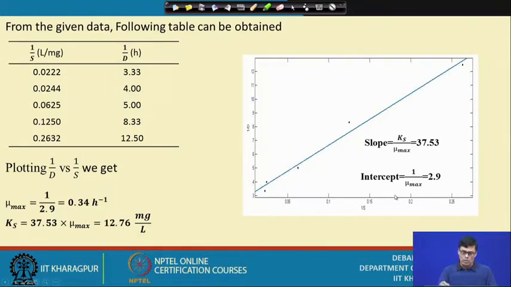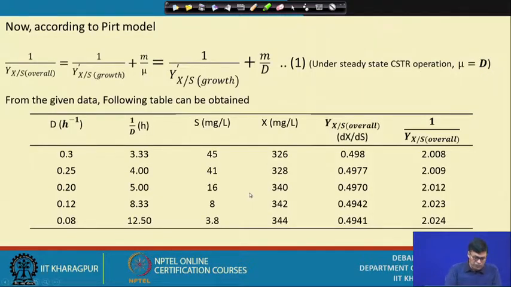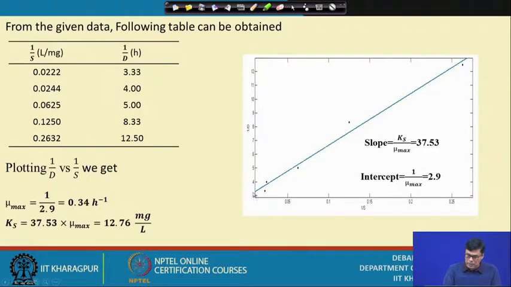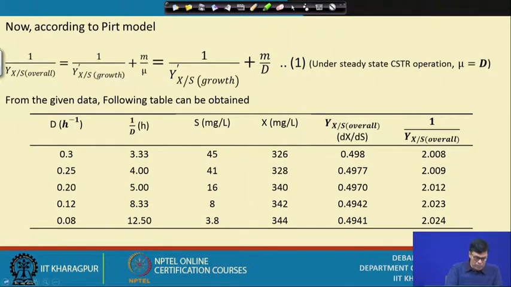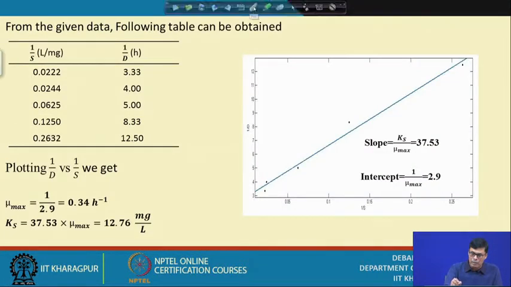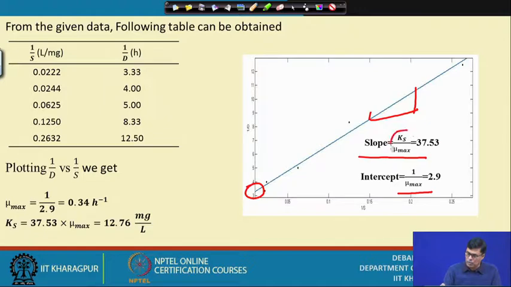We can plot this, and from the intercept we can find out the value of 1 by mu max, and from the slope we can find out the value of Ks by mu max, and then we can calculate both mu max and Ks from this plot.